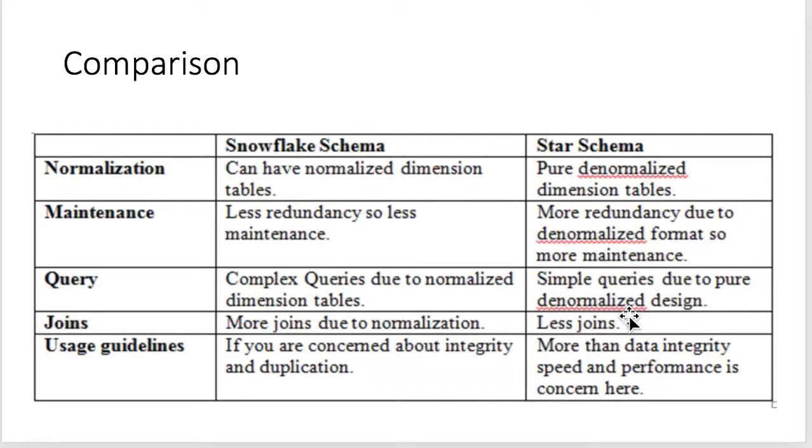But in star schema, because there's just one single table, the query would be simple and it asks for less joins. If you are concerned about integrity and duplication, you might choose to use the snowflake schema. If more than data integrity, speed and performance is concerned more, then you might choose star schema.